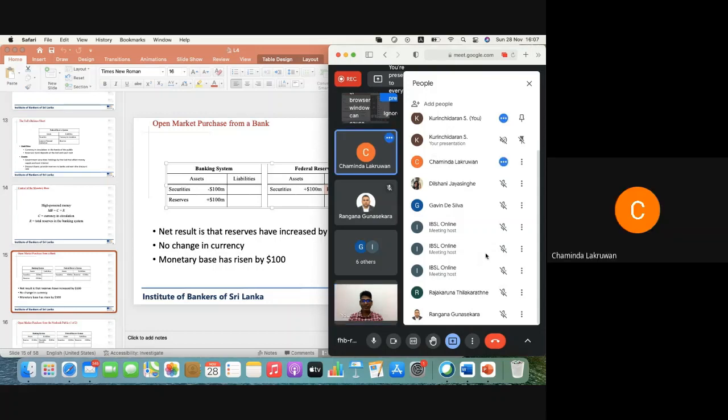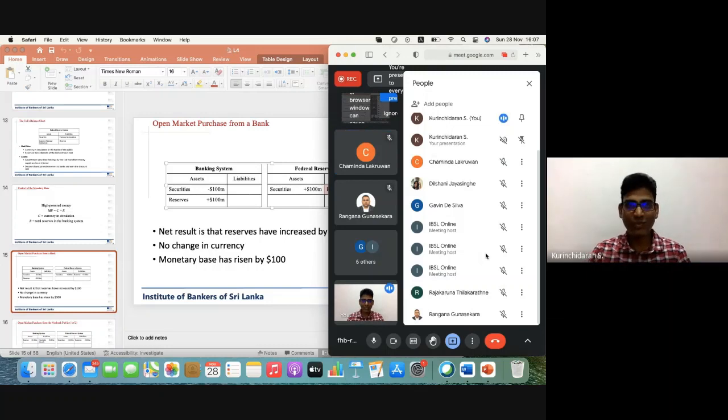Money supply. Why do they want to increase reserve? What can the bank do with that reserve now?